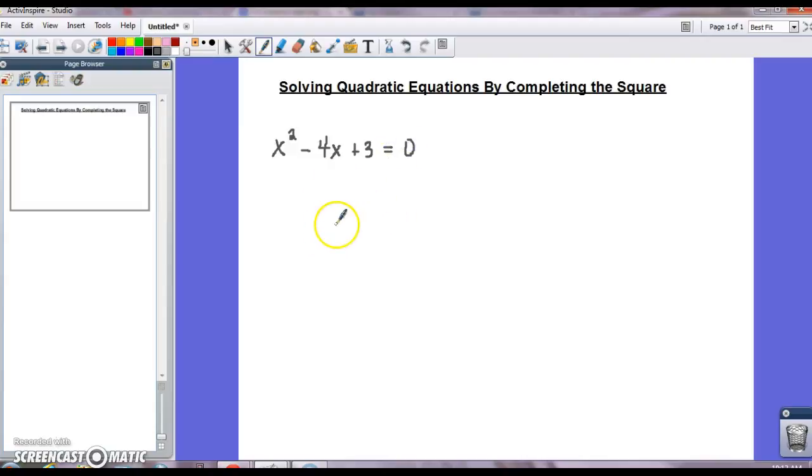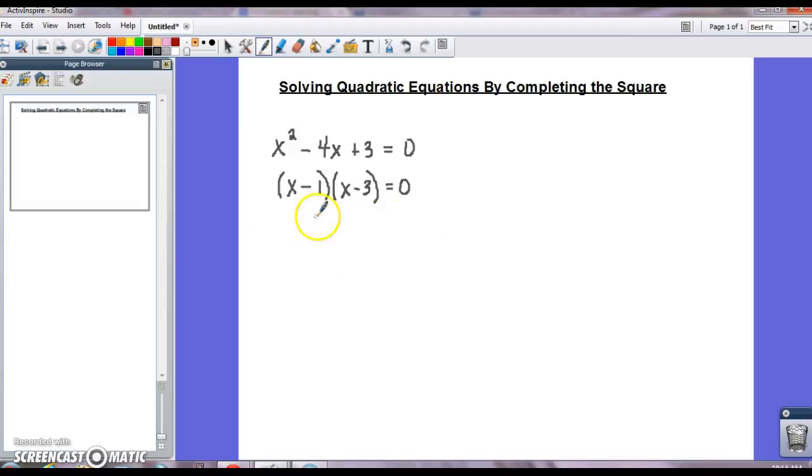Now I know in fact that that's factorable. I know there are two numbers that add to -4 and multiply to +3. Those two numbers would be -1 and -3. So if I factored this, I would have x minus 1 times x minus 3 is equal to 0.